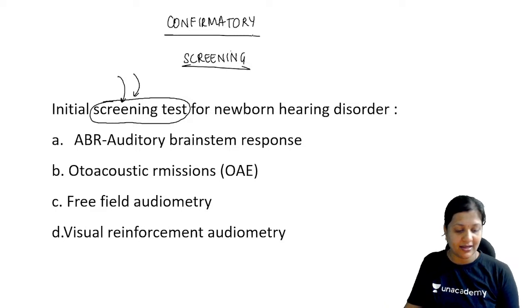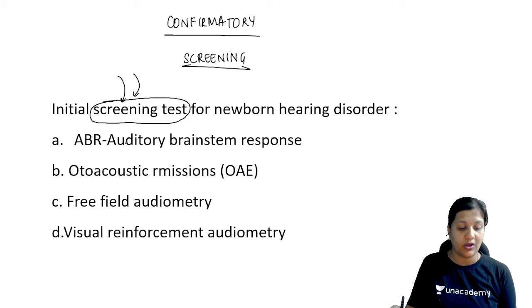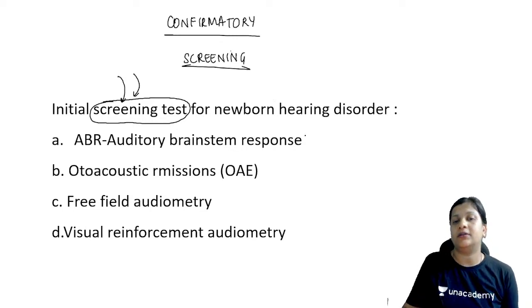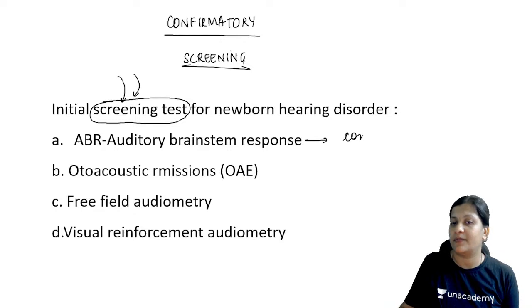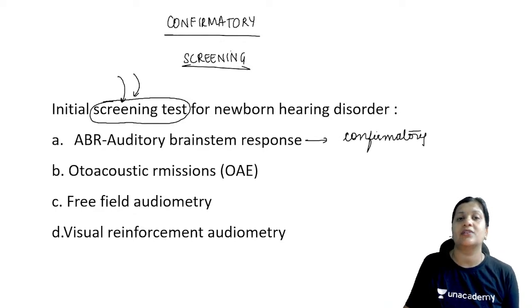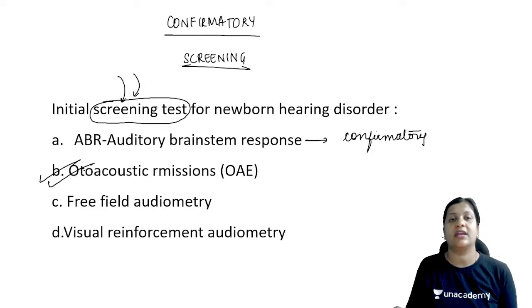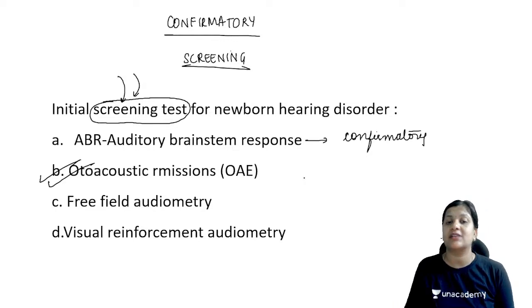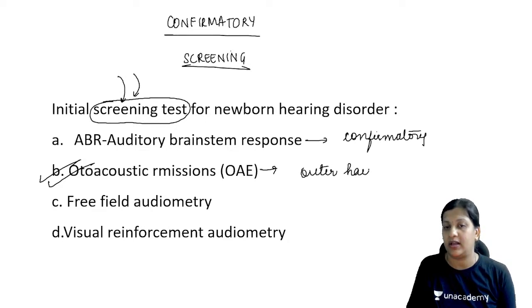Very good, Ayan. Lakshmi, Ayan and Preetham, it's not A, it is B. ABR is your confirmatory test. It is not used for screening. The screening test of choice is otoacoustic emissions. Otoacoustic emissions are the emissions coming from the outer hair cells of the cochlea.